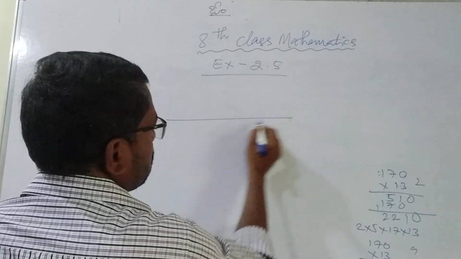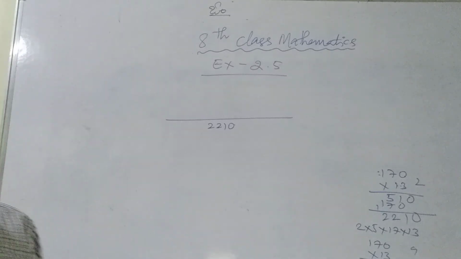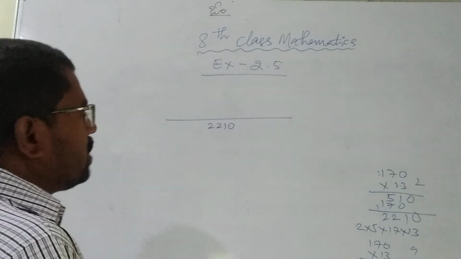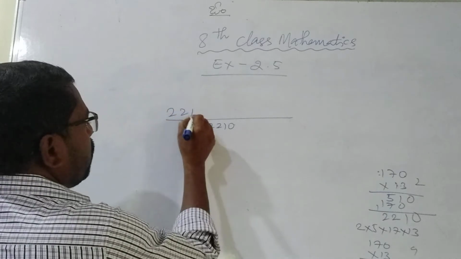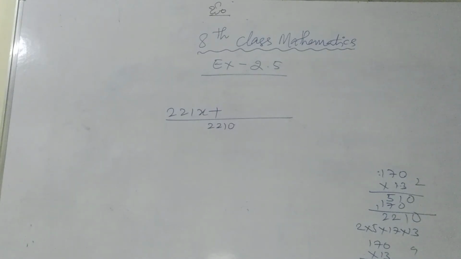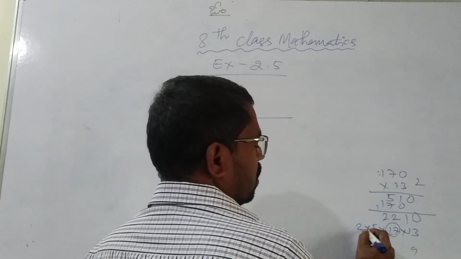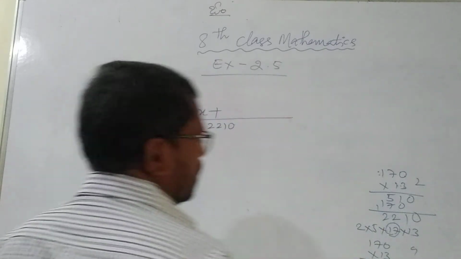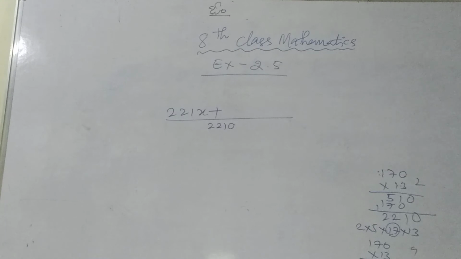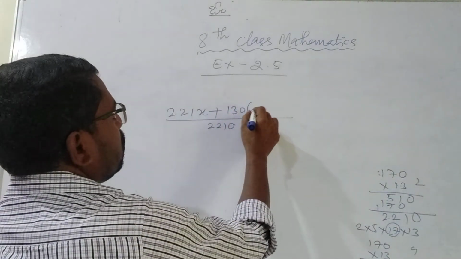The next step: we have 2210. So 2210 divided by 10, how much do you get? The 0 gets cancelled, 221. So 221 into x plus, what is the next one? For 17, if you remove 17 from 2210, you get 10 into 13, that is 130. So 130 into x plus 1.